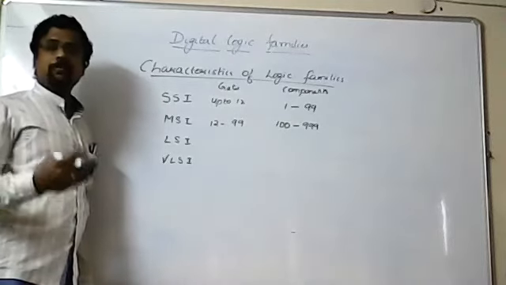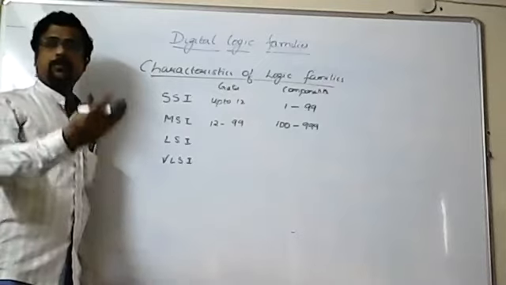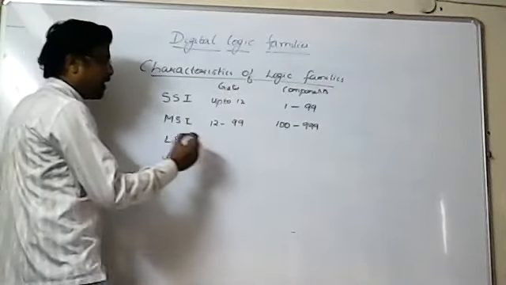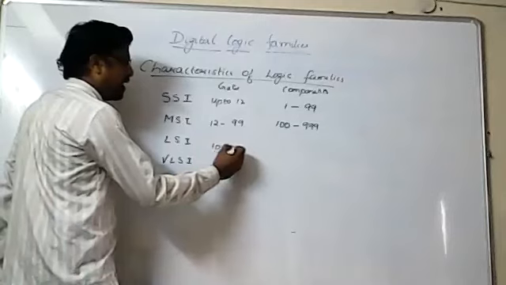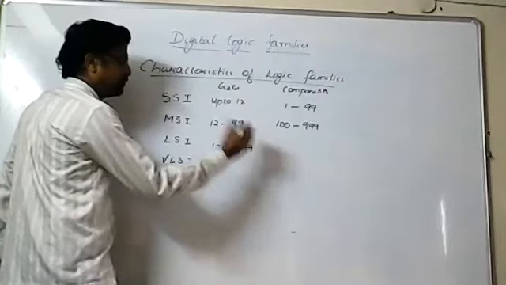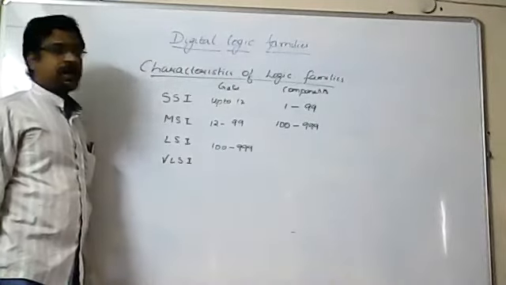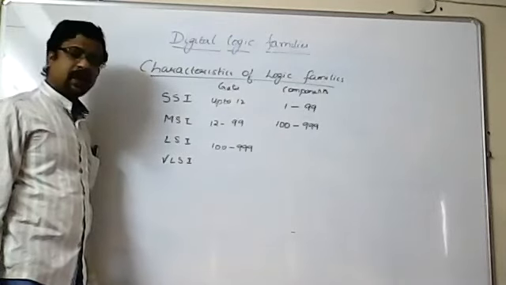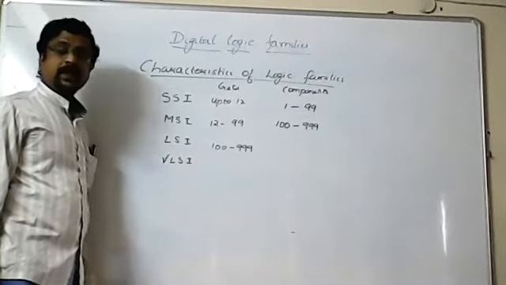If my design is more complex and I require more gates and more components, then I have to go for large scale. Large scale has 100 to 999 gates, so the minimum number of gates is 100 and the maximum allowed is 999.